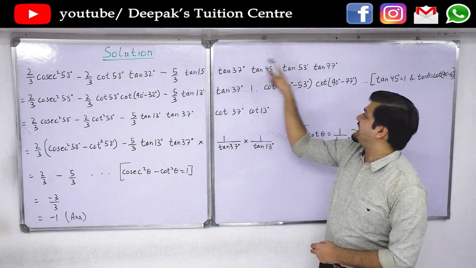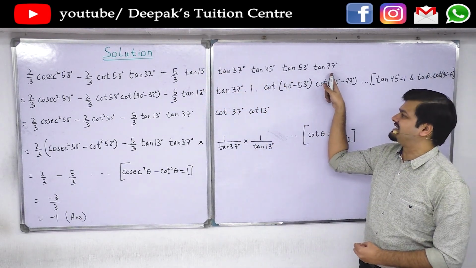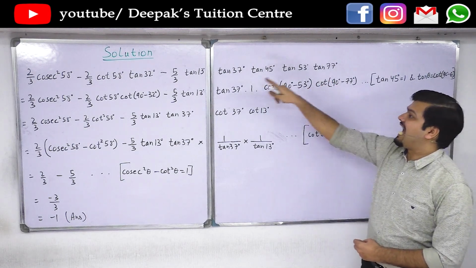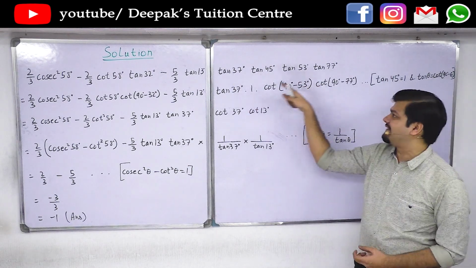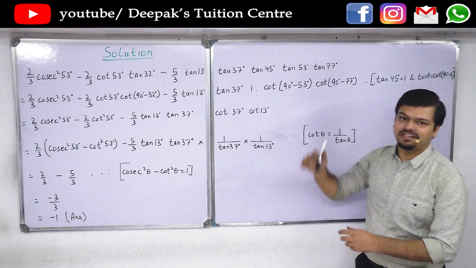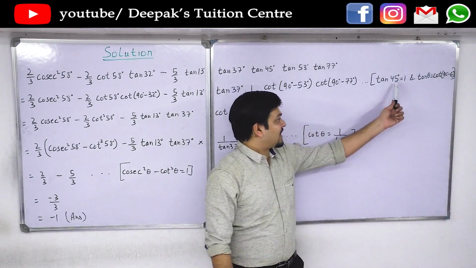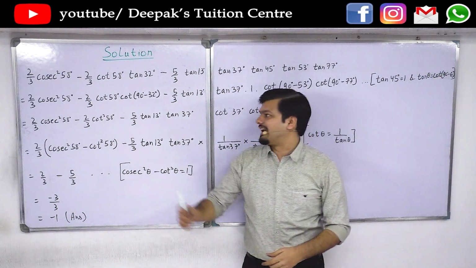Here, tan 13 and tan 77: I'll grab 13 and convert 77, so cot (90 − 77). In 37 and 53, I am grabbing 37 and converting 53, so cot (90 − 53). And tan 45 has the value 1. So I'll write tan 45 equals 1 and tan theta equals cot (90 − theta).